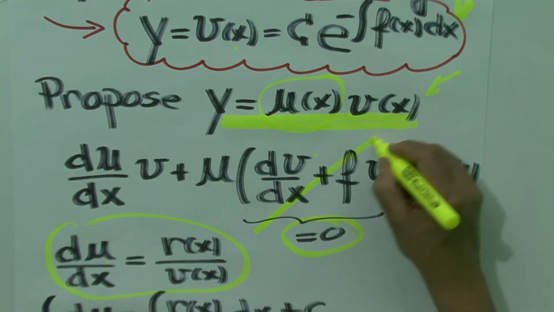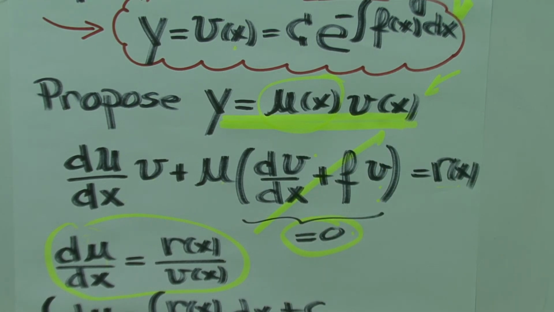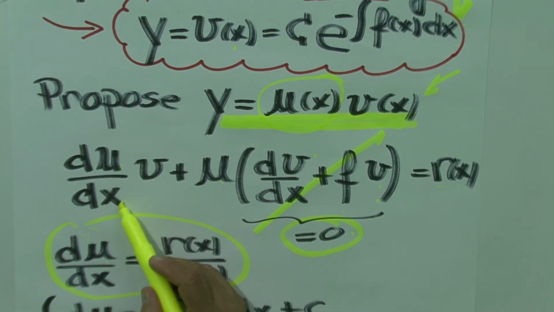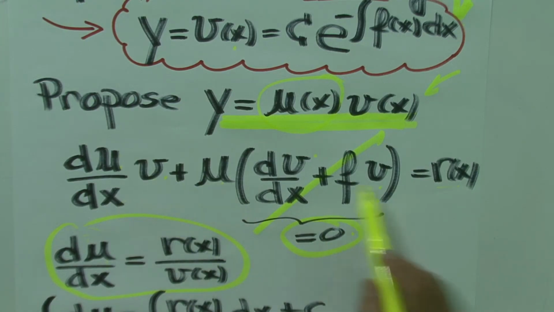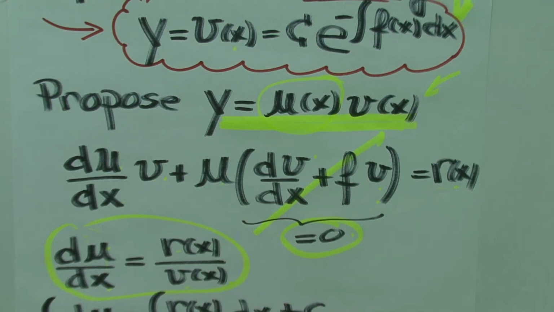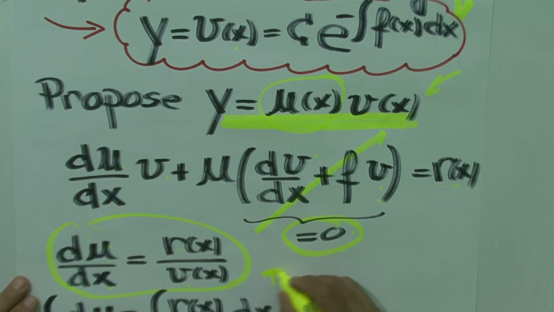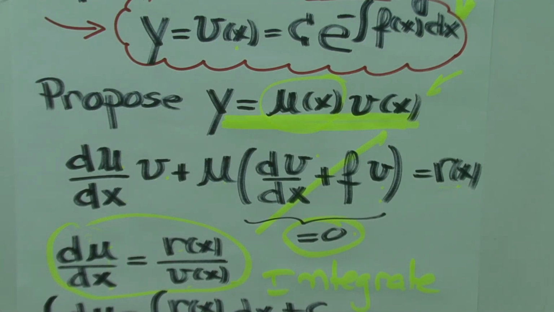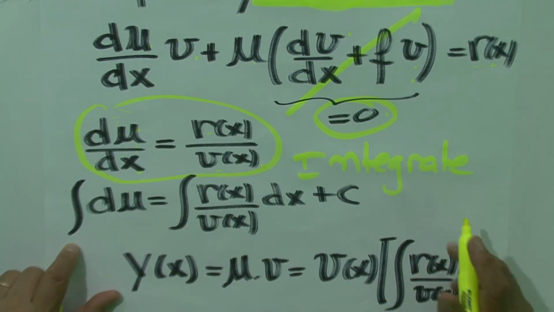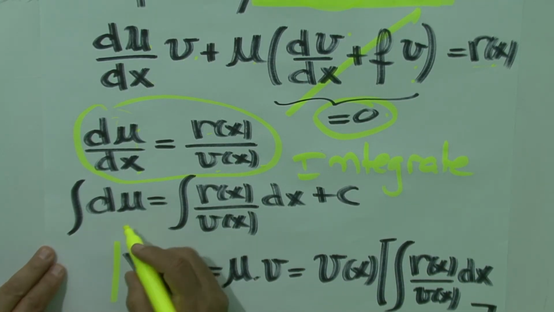So this is 0. Disappear. And I end with an equation that says that du dx times v equals r. Oh, du dx is equal to r of x divided by v of x. And then I integrate. I just integrate. And by doing this integration, I have this total solution. So then I end with the total solution.